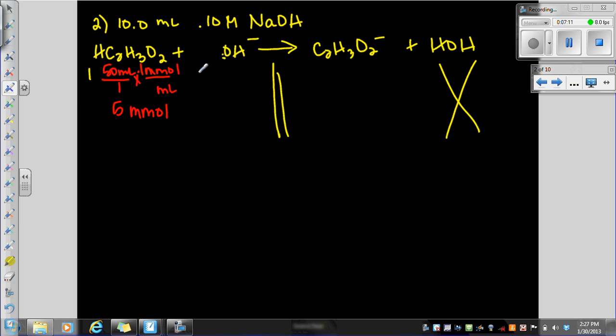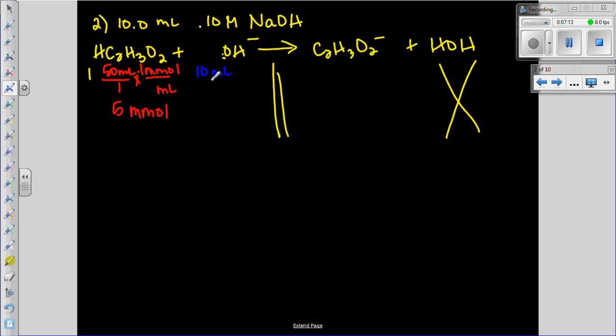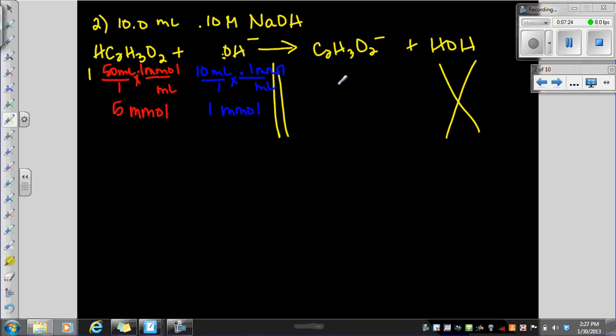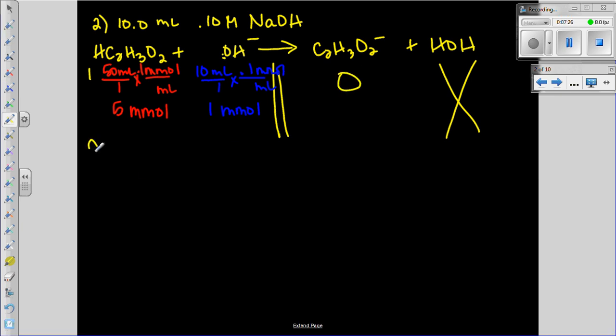And then for my hydroxide, I'm going to do 10 milliliters times molarity. So 10 times 0.1 is 1 millimole, and I have none of the salt initially, or the conjugate. All right, so now I look at my reactants and I see that my hydroxide is limiting.